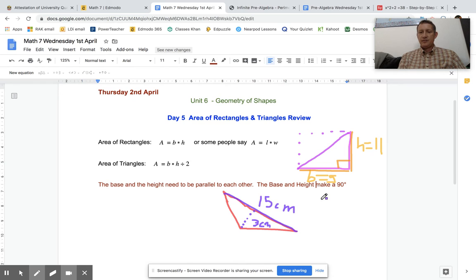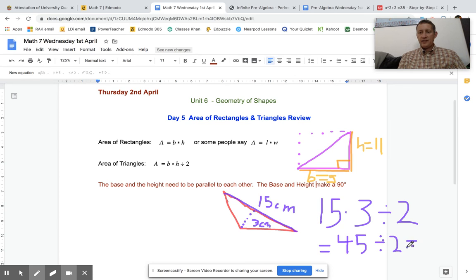So I multiply these two together, and what do I do after that? So 15 times 3. What do I do after that? We divide by 2. That'll give us our equation. So that's 45. 15 times 3 is 45. Divided by 2.